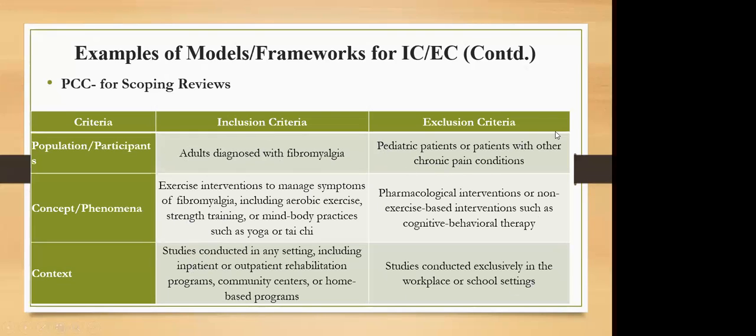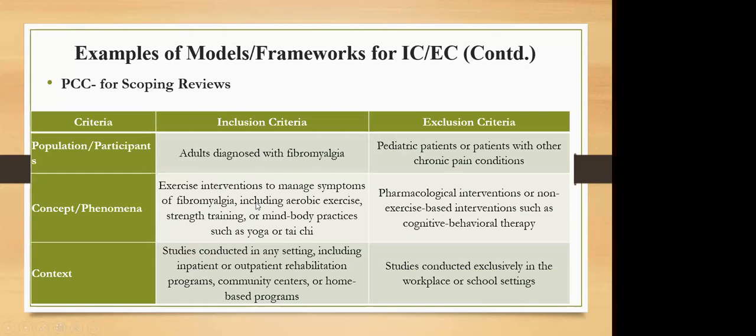You exclude them. Now, if there are titles that are related to any of the terms related here, you now do what we call the full text screening, and also be sure that components of your exclusion criteria are not reported in those primary articles.